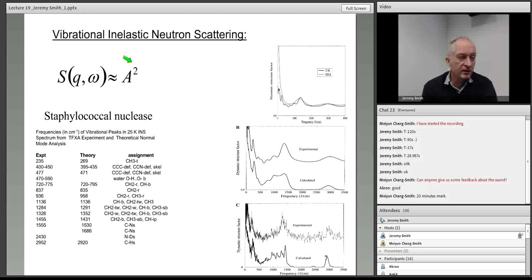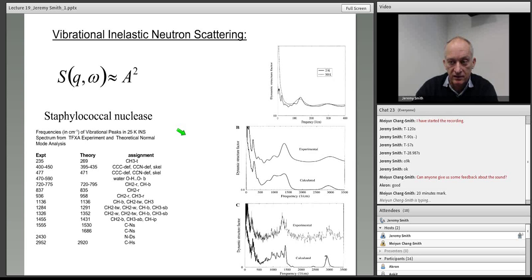And for Raman, it's even worse. You need to know polarizability changes. So, vibrational inelastic neutron scattering is complementary to other forms of spectroscopy, has certain advantages that can be used to study these vibrations in complex molecules in some detail.